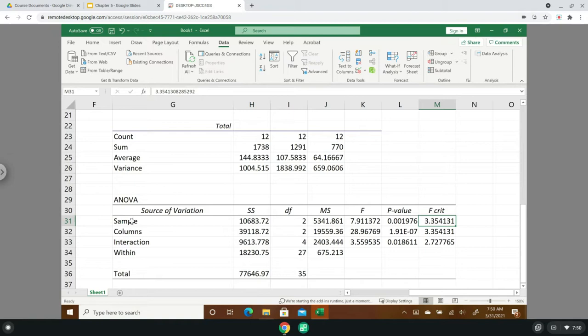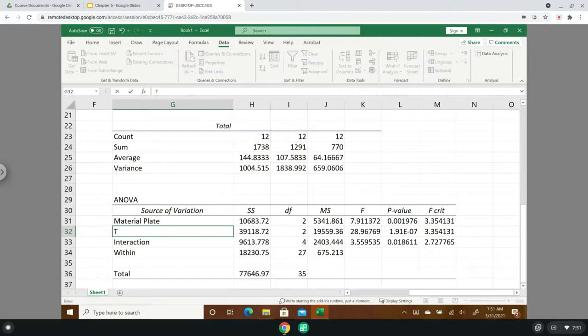And for rows, we have the sample, which I think means we're talking about material plate, right? So I'm going to change that. One source of variation in our data is material plate. The second source of variation is the variation caused by different temperature conditions.